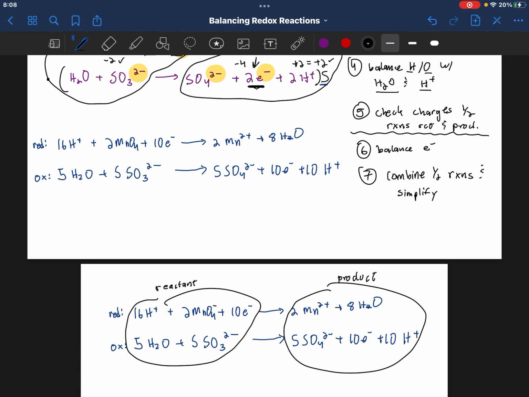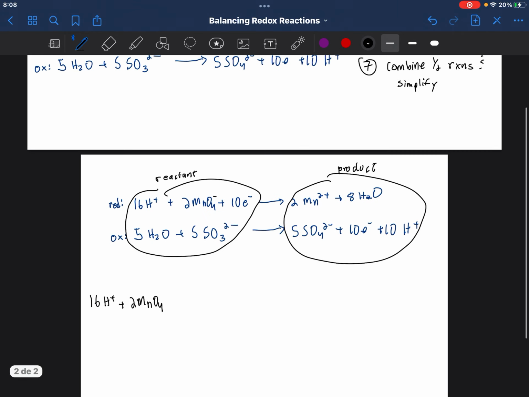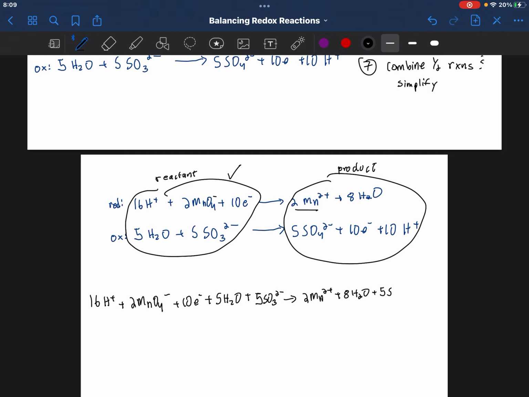I think I've lost a negative sign. Okay, MnO4-, plus 10 electrons plus 5H2O plus 5SO3 2-. So that's everything here, yields 2Mn2+ plus 8H2O plus 5SO4 2- plus 10 electrons plus 10 protons.